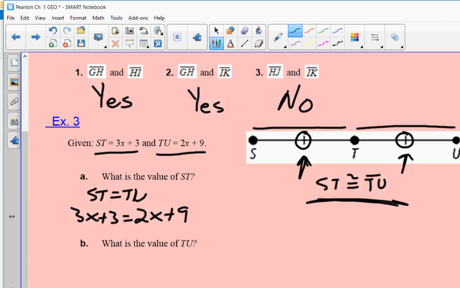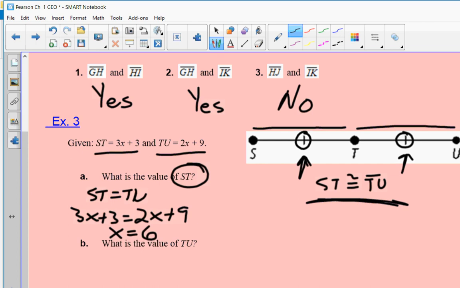I want to solve this for x, because they want me to get the value of ST. Well, I've got to get x first. Okay, so I'm going to subtract 2x from both sides, and then subtract 3 from both sides, and that's going to get me x is equal to 6. Okay. Now, I've got to be careful here, because I got x equals 6 and everybody thinks I'm done.